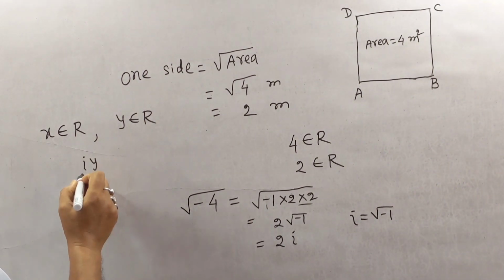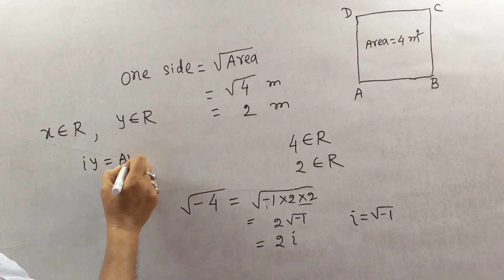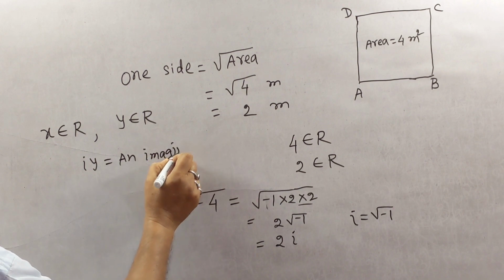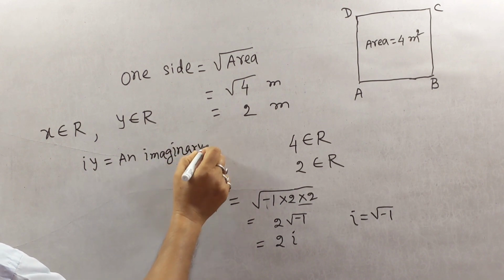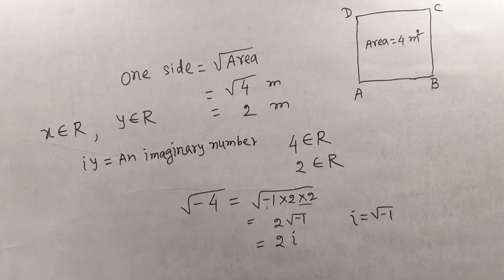Then iy becomes an imaginary number. If we take x plus iy, here x is real number and iy is imaginary number.